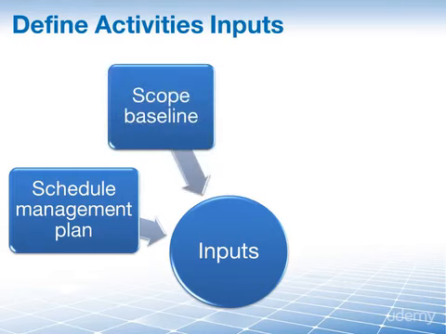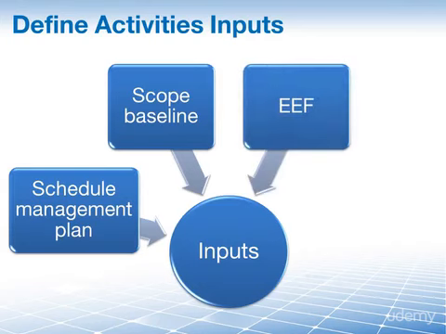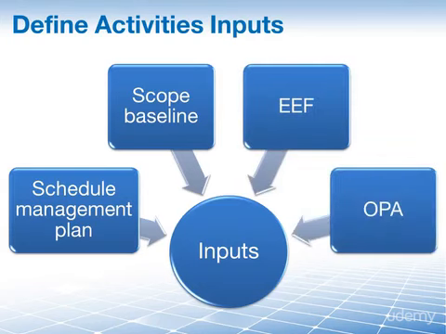Then we need the scope baseline because it consists of the project scope statement, the WBS, which we're going to be breaking down in just a moment, as well as the WBS dictionary. And we also have enterprise environmental factors and organizational process assets that we need to take into consideration. Now let's take a closer look at why we need all of these 4 as inputs.